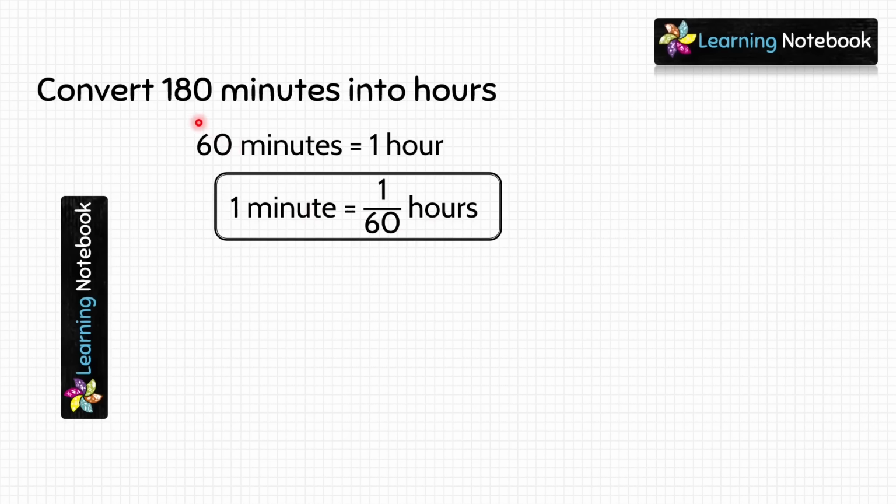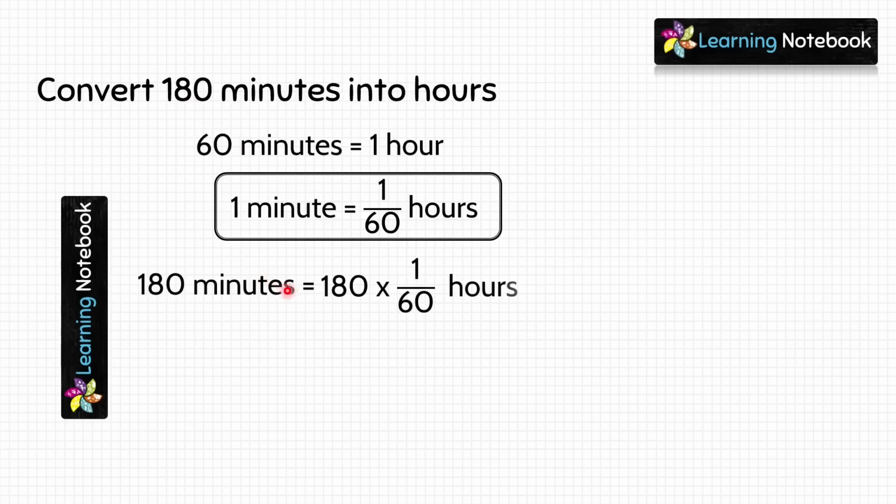Therefore, 180 minutes would be equal to 180 multiplied by 1 by 60 hours, or we can write it as 180 divided by 60 hours. So let's divide it.